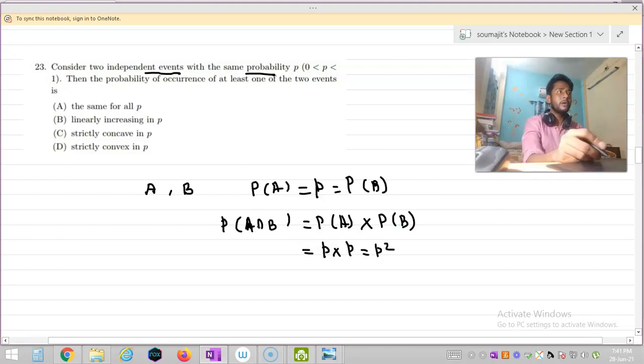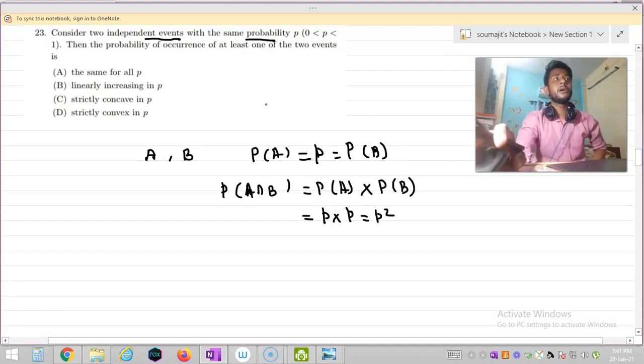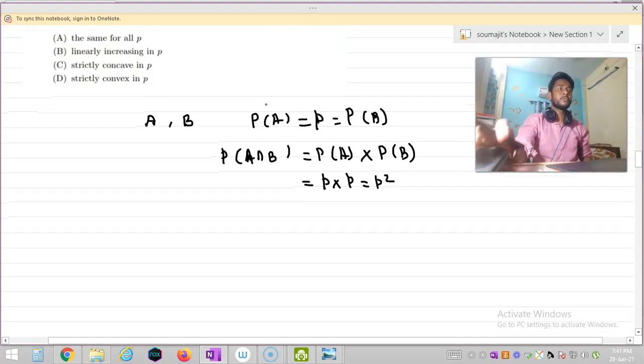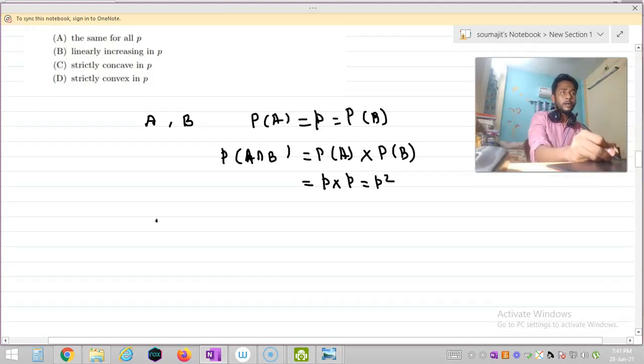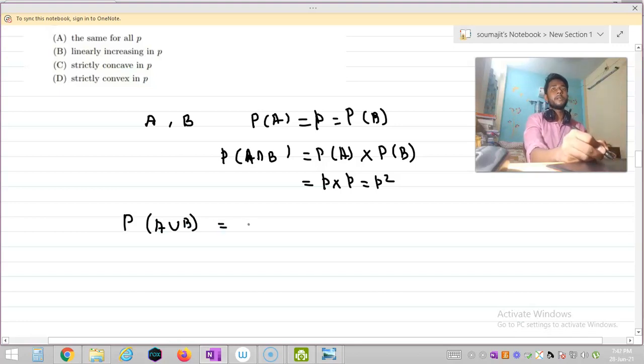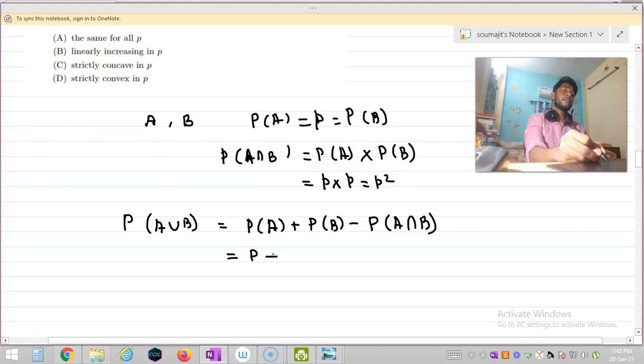Now we have to find out the probability of occurrence of at least one of the two events. At least one of the two events is represented by A union B, so we have to find out the probability of A union B. Probability of A union B is equal to probability of A plus probability of B minus probability of A intersection B. Now probability of A is equal to P, probability of B is again equal to P, minus P square.